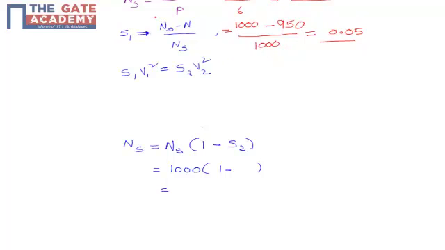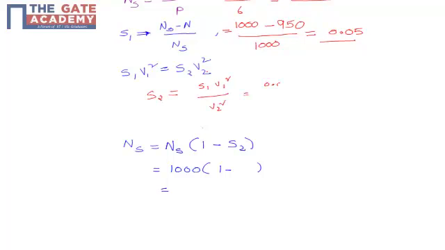So we know the value of synchronous speed and slip S1, then we will calculate the value of S2. In order to find S2, the relation is S1 V1 square is equal to S2 V2 square. We know the values of V1 and V2. From here we can calculate S2, that is equal to S1 V1 square by V2 square.